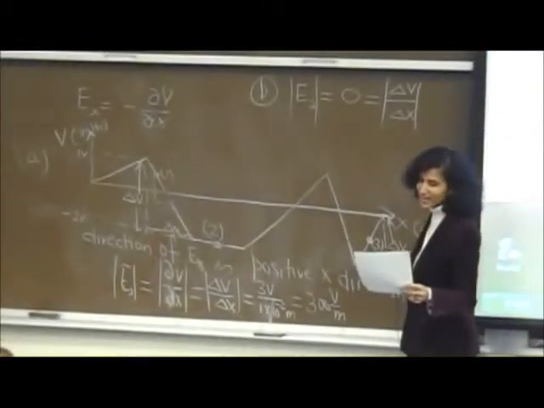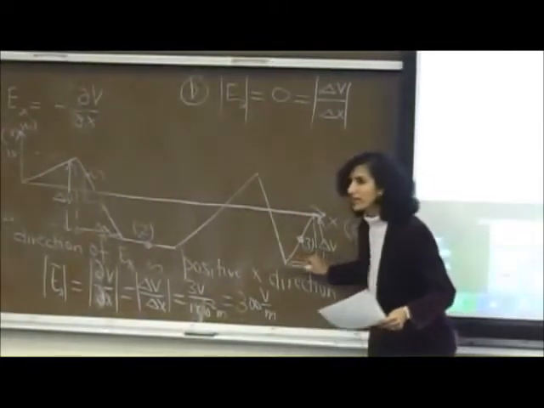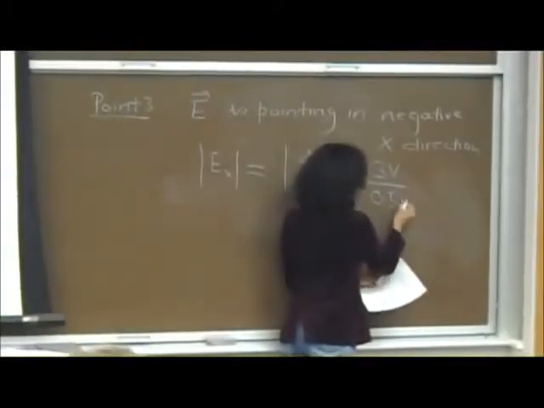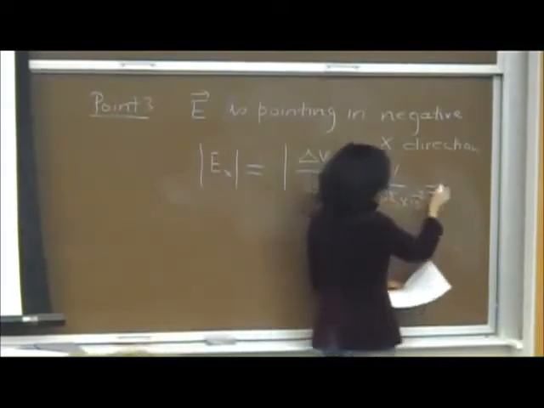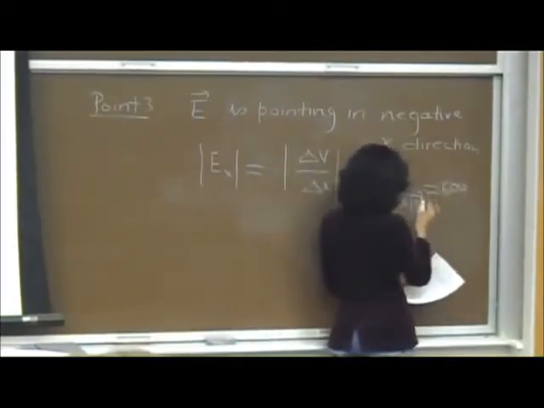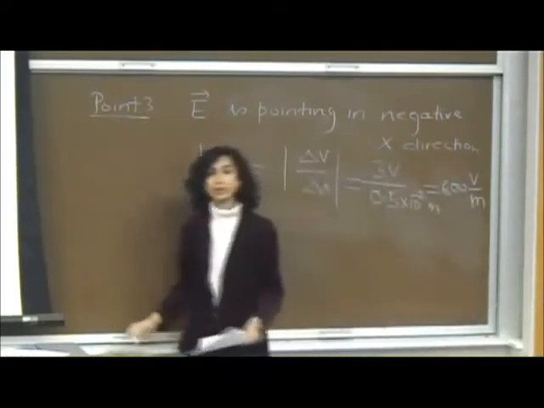Does everybody see that delta X in this case is 0.5 centimeters? Look at your plot here. So if that is 0.5 centimeter, that is 0.5 times 10 power minus 2 meters, and this means this is 600 volts per meter.